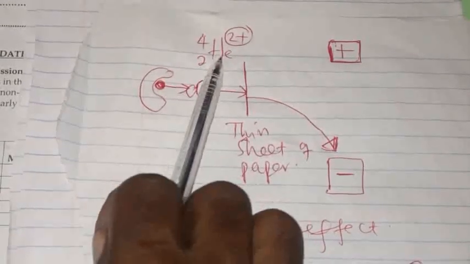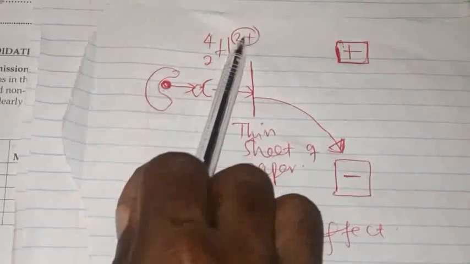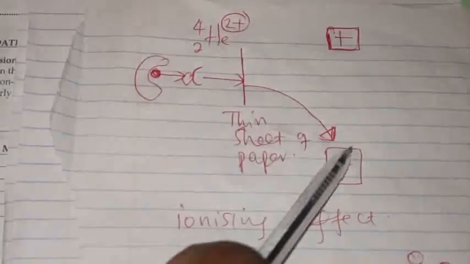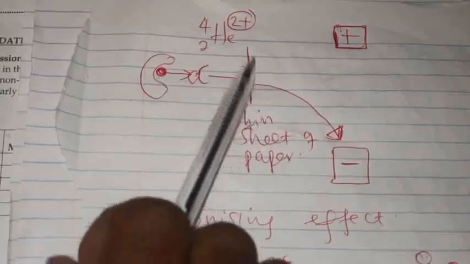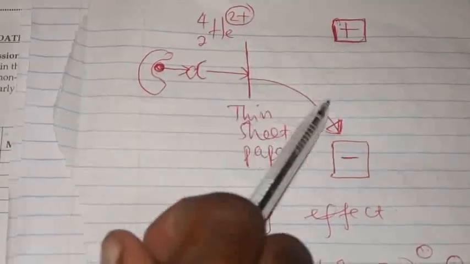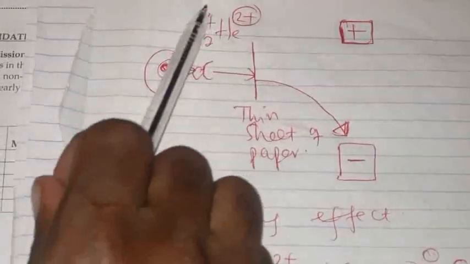It is a helium particle with a charge of 2 positive. Having a charge of 2 positive makes it get deflected to the negative plate in the electric field. It is deflected to a smaller extent. Why? Because it is very heavy. It is the heaviest with a mass number of 4.